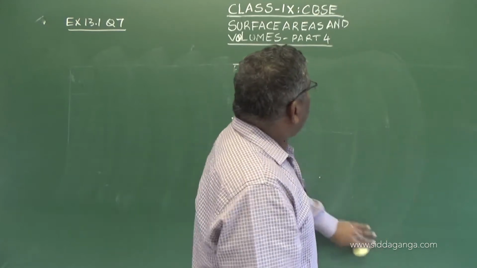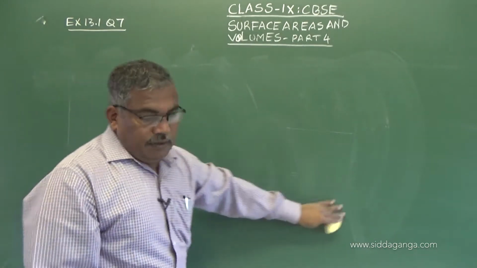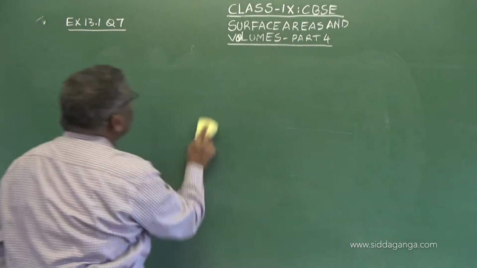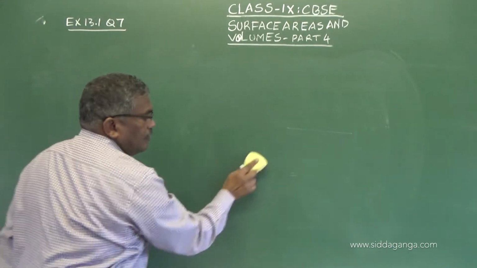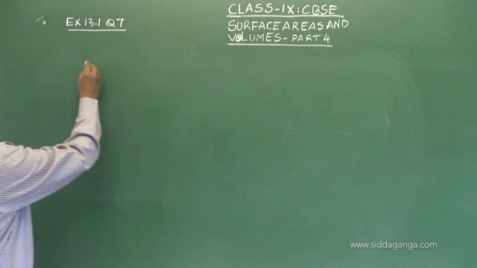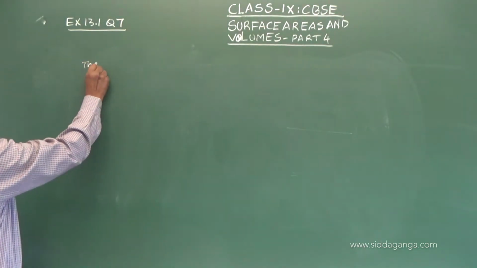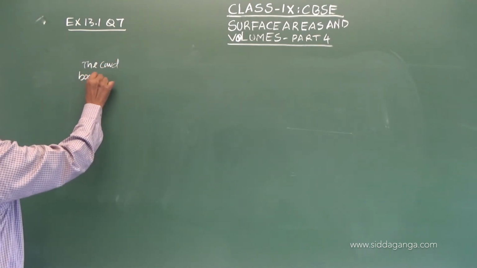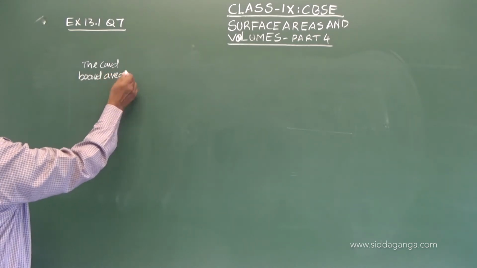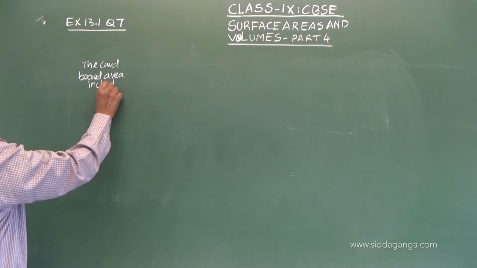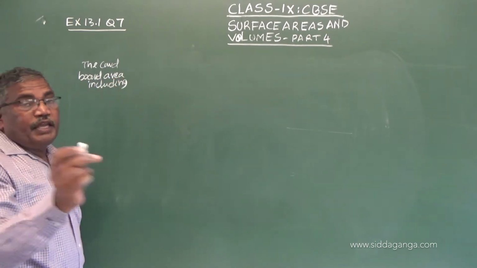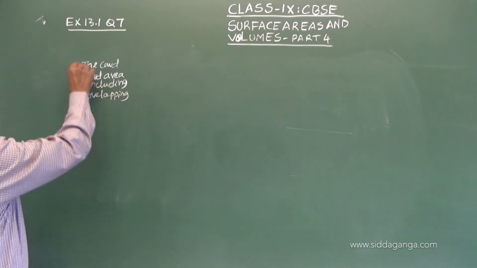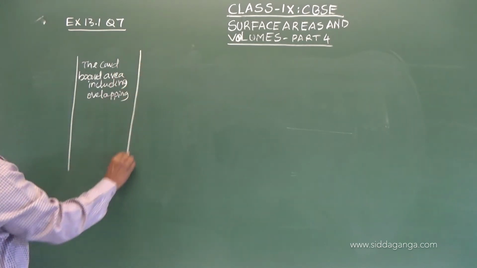In the next table I will write the remaining calculations. So now, the cardboard area including overlapping. This we have calculated.